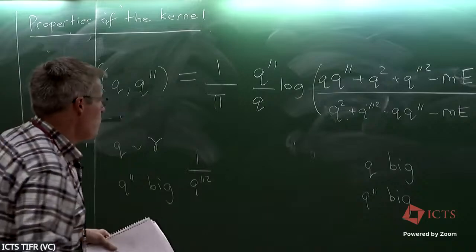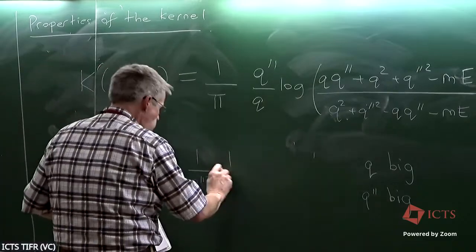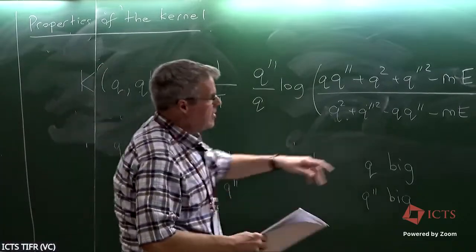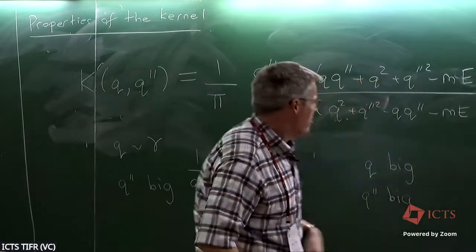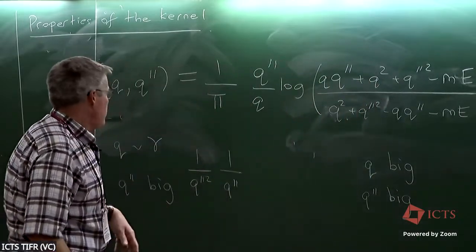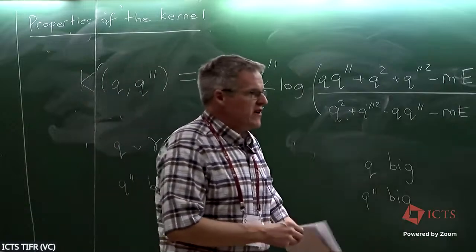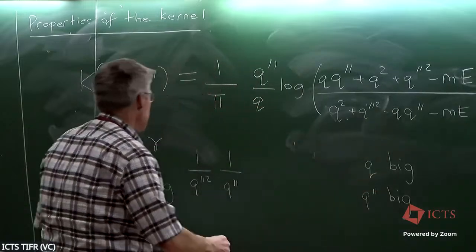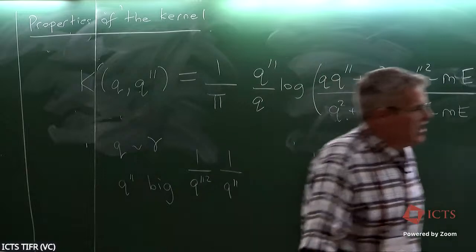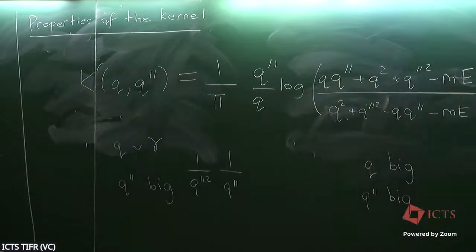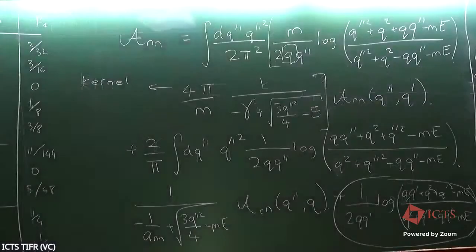And then you have a 1 over Q double prime from the propagator at large Q double prime. And then the kernel is going to get multiplied by A. And maybe you can already see it from over here. At large Q, A is going to go like 1 over Q. So the kernel goes like 1 over Q double prime cubed. A goes like 1 over Q double prime.